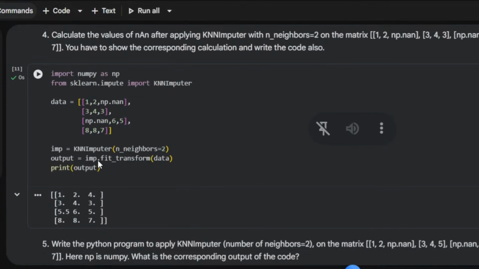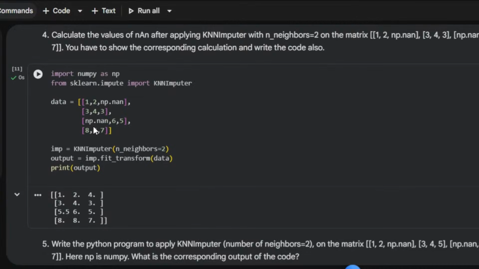Output equals imp.fit_transform of data, print output. All the other lines are exactly the same. If you work out this question, np.nan is in the first column, and only the third row contains np.nan. If you calculate the distance of this coordinate with all the three coordinates, you will get the nearest two coordinates.